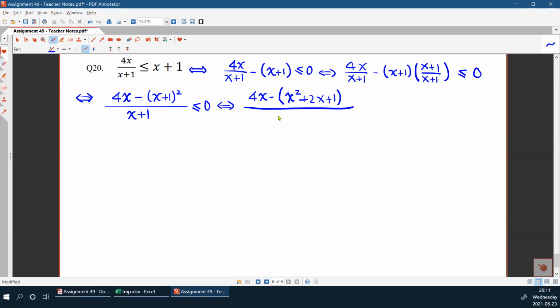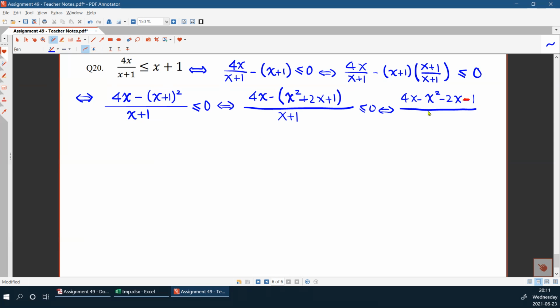So the denominator is x plus 1. All right. This is equivalent to 4x minus x squared minus 2x minus 1, right? Okay, pay attention here. The last term is minus 1, not positive 1, okay?